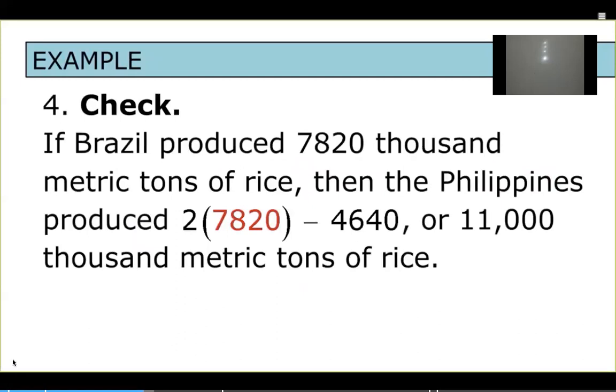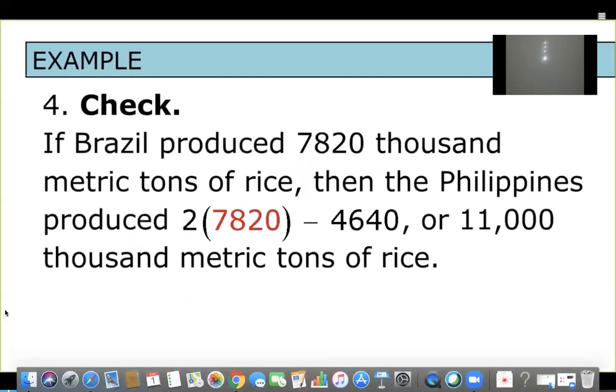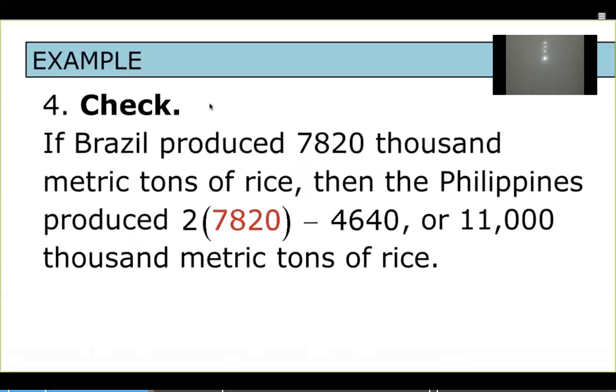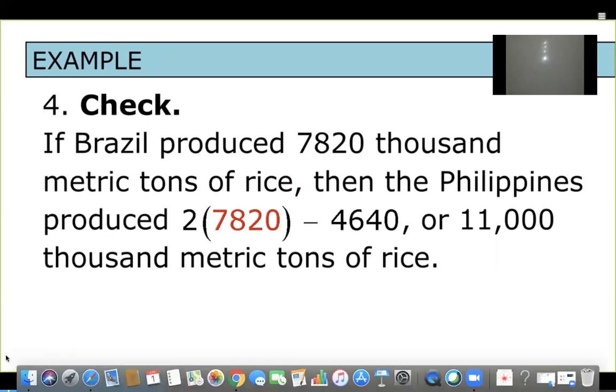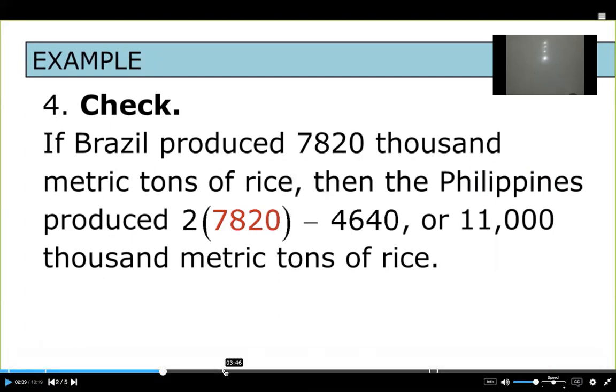Step 4, check. If Brazil produced 7,820,000 metric tons of rice, then the Philippines produced 2 times 7,820 minus 4,640, or 11. Okay, so we're going to go ahead and skip the check and move on to the next one.